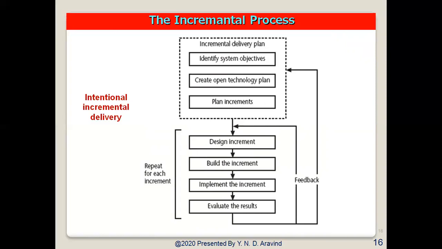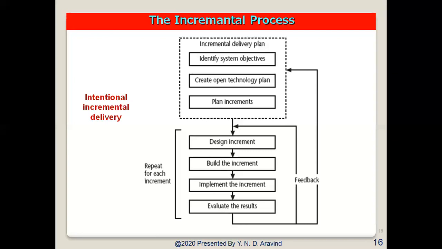There are two things we need. One is to create an open technology plan. We need to ensure that the technology we are using facilitates the addition of components to the existing application. Then we need to go for a planned increment. So an incremental plan is necessary.